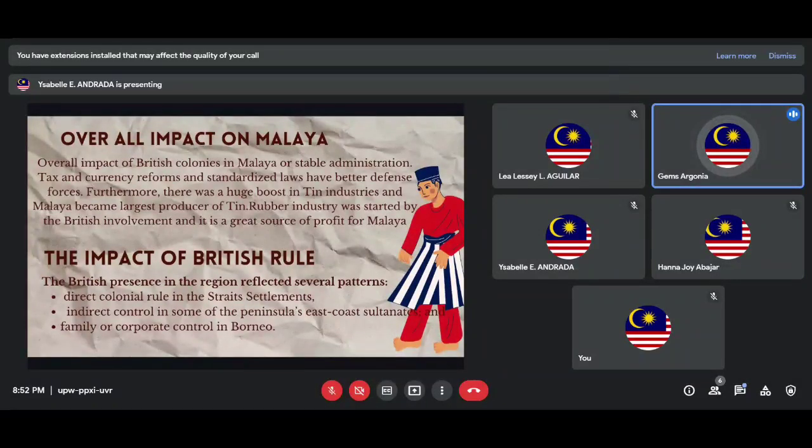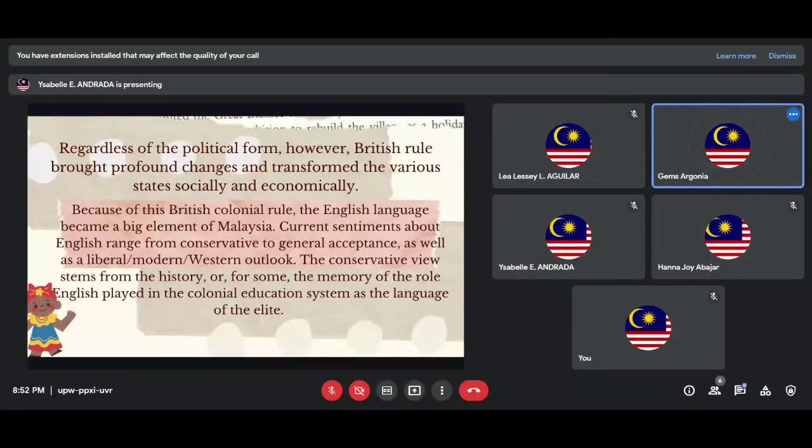British presence in the region reflected several patterns: direct colonial rule in the Straits Settlements, indirect rule in some of the peninsula's east coast, and family or corporate control in Borneo. However, British rule brought profound change, transforming the various states socially and economically.